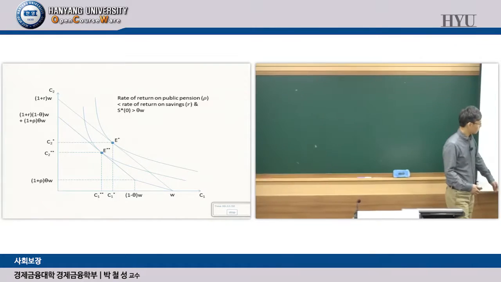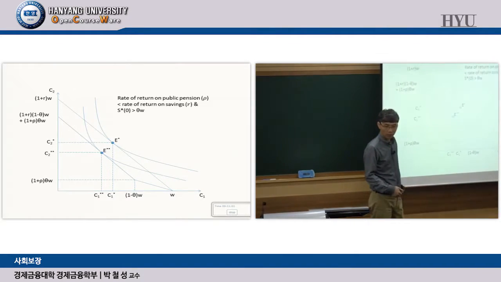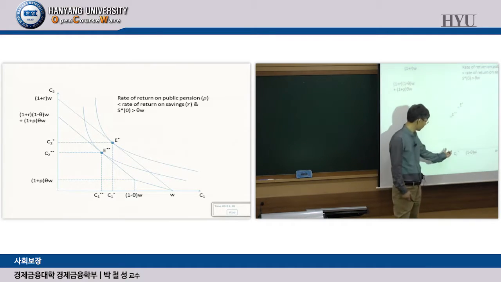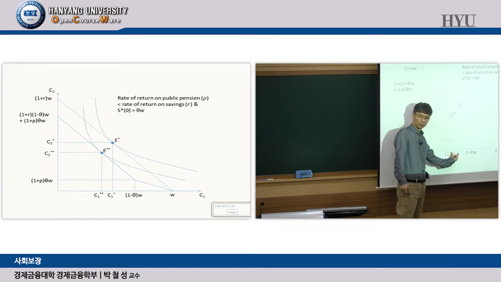Before, if R equals rho, then this individual will decrease saving exactly this amount. But in this case, this individual will not decrease saving to this amount, actually less than this amount. There is extra total savings, which comes in the form of private savings.